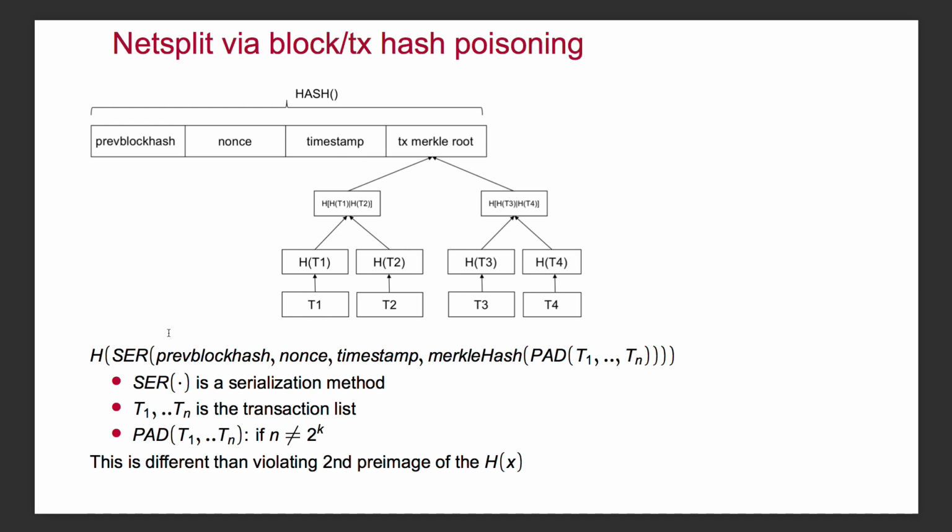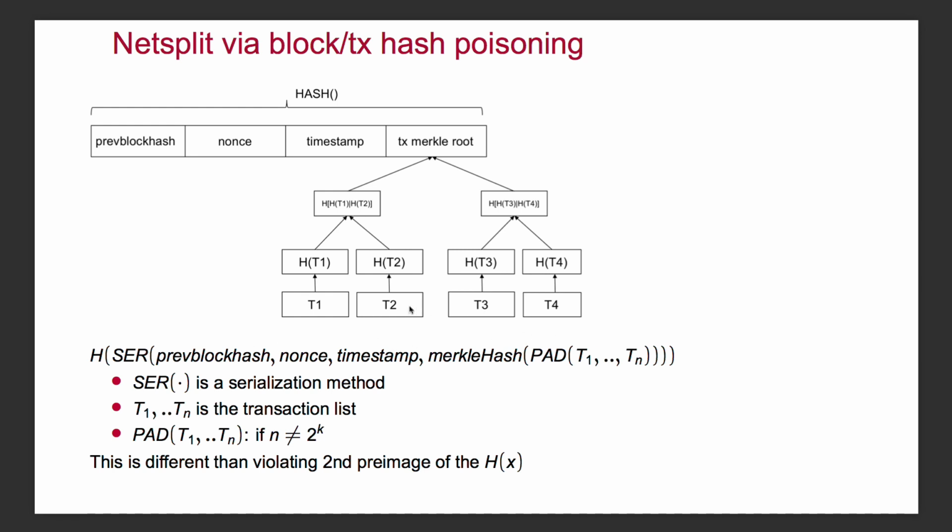So if we're hashing a multi-field value, we need to come up with some serialization function. We need to somehow convert these 4 fields into a byte string. And so we need some kind of serialization, so that's denoted with serialization here. H is the hash function, and we serialize these 4 fields.